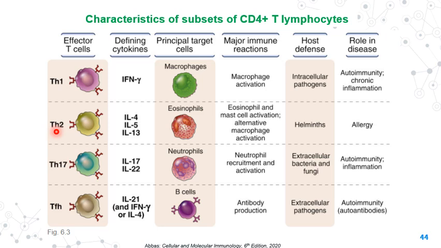When you look at Th2, the cytokines that are produced are interleukin-4, 5, and 13. An important job of these interleukins, as we're going to see in a few slides down the line, is first of all, interleukin-13 is going to increase the frequency of peristalsis. What does that mean?